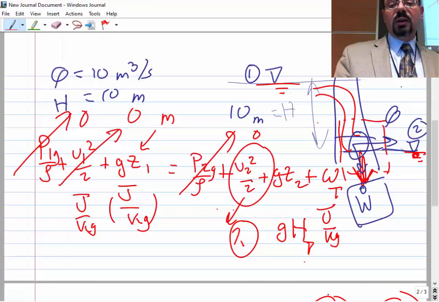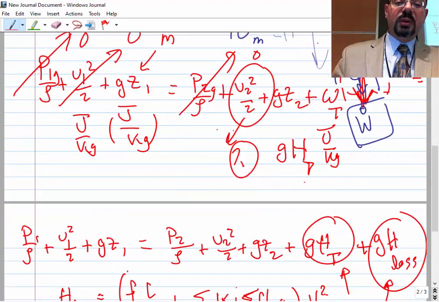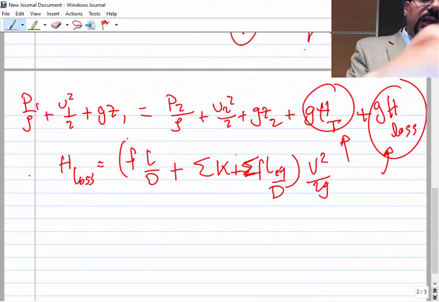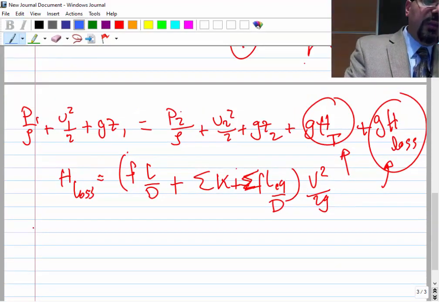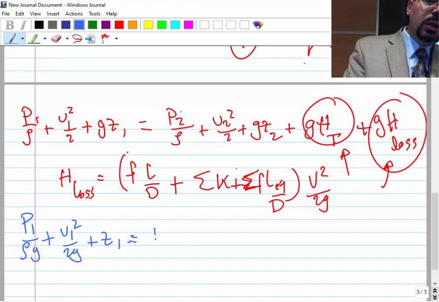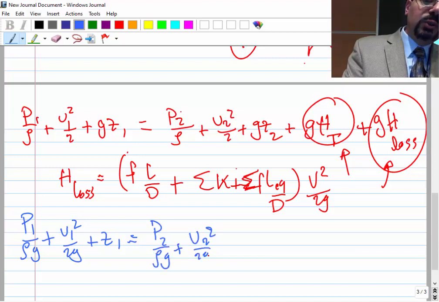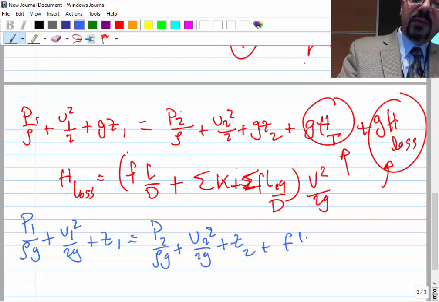So not only did he write it in terms of P over rho, he even wrote it like this: P1 over rho g plus V1 squared over 2g plus Z1 equals P2 over rho g plus V2 squared over 2g plus Z2 plus the fL over D, multiplied by V squared over 2g, plus the H term.